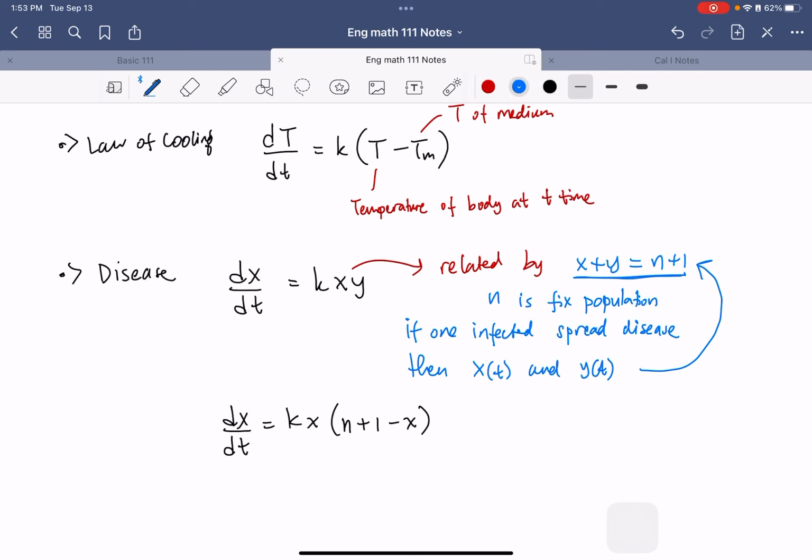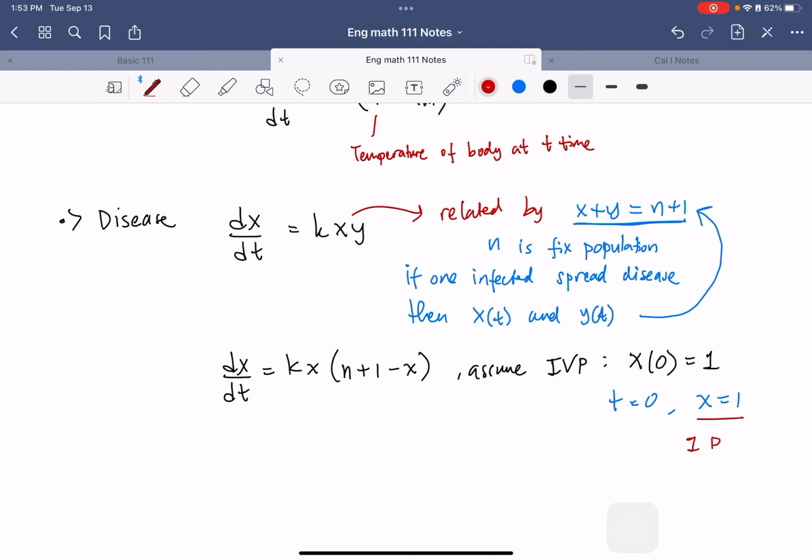And perhaps we can assume that the initial value problem is at t0. We assume that the virus starts to spread when there is, we can say, 1% infected at the beginning.